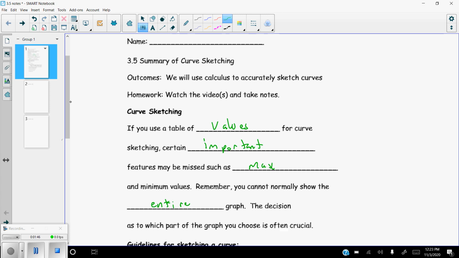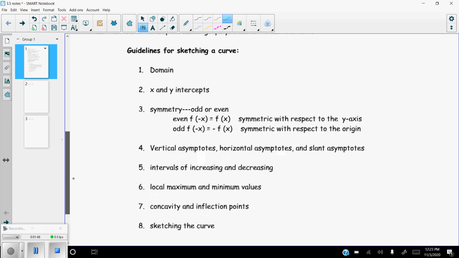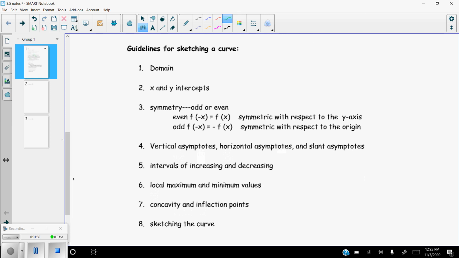So here are going to be our guidelines for sketching a curve. First thing is you need to be able to figure out the domain. You're also going to have to figure out your x and y intercepts. Remember that the x-intercept is when y equals 0, and likewise, the y-intercept is when x equals 0.